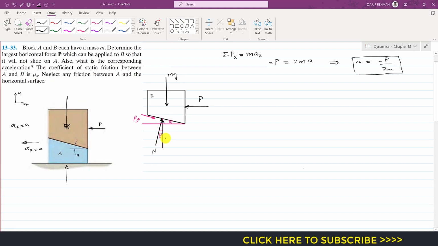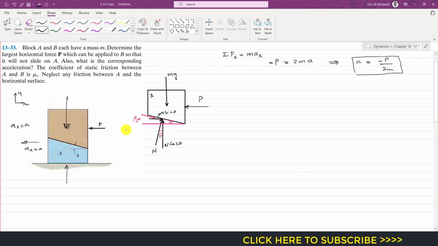So this component is the cos component. We can write that this is N cos theta, and similarly this normal force will have another component which will be acting in this direction like this. So this one will be the sine component, so this one is N sin theta. Similarly, this mu s N is parallel to this inclined surface, and this inclined surface is making angle theta. So this mu s N will have two components.